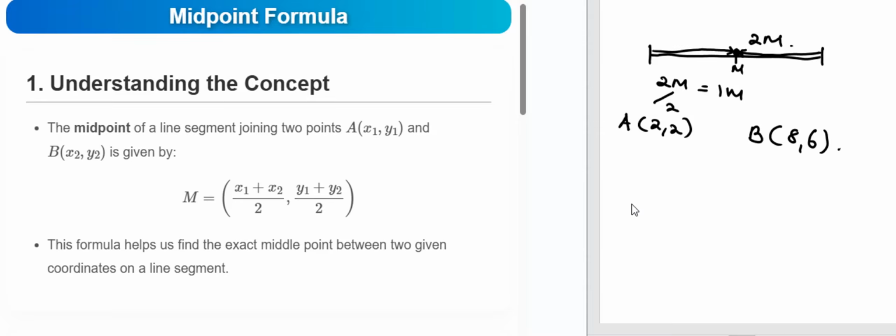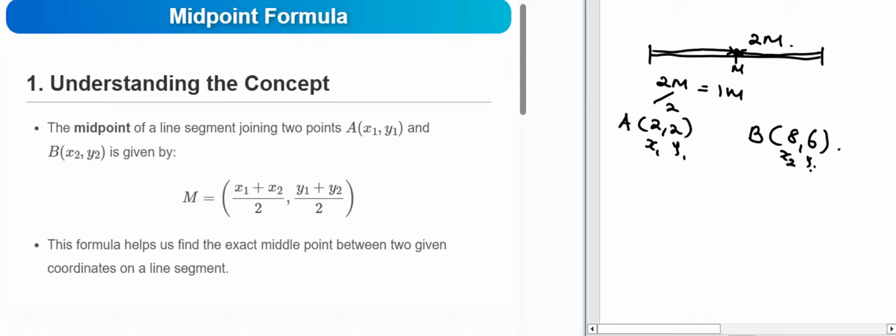So how do we arrive at this formula? You see, in our points, we already have x1, this one I can call x1, and we also have y1, and we have x2, and we also have y2.